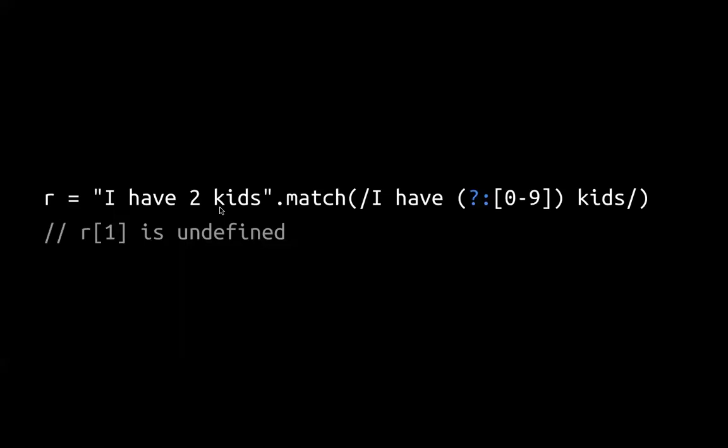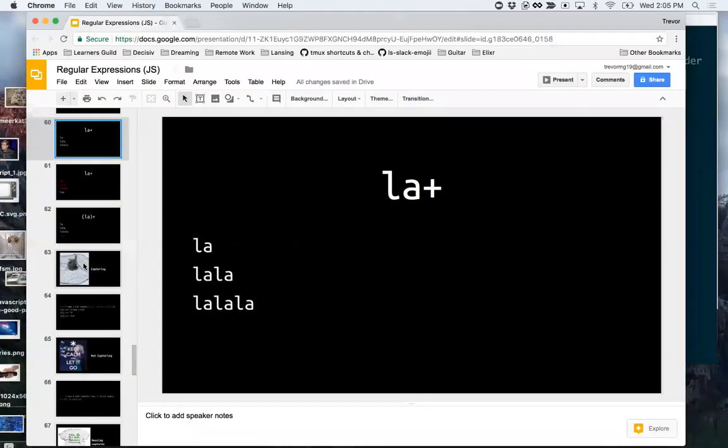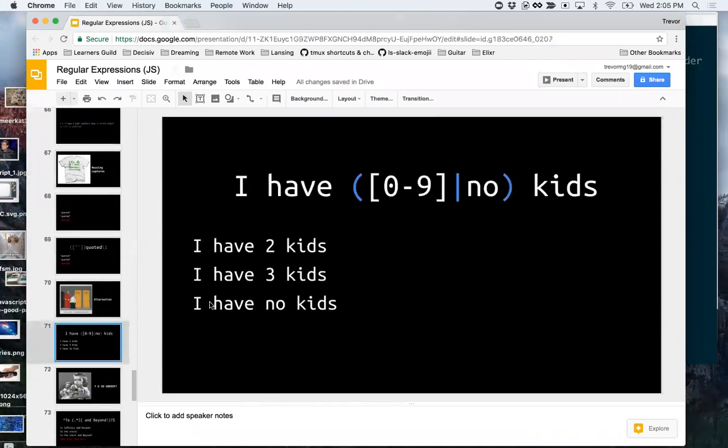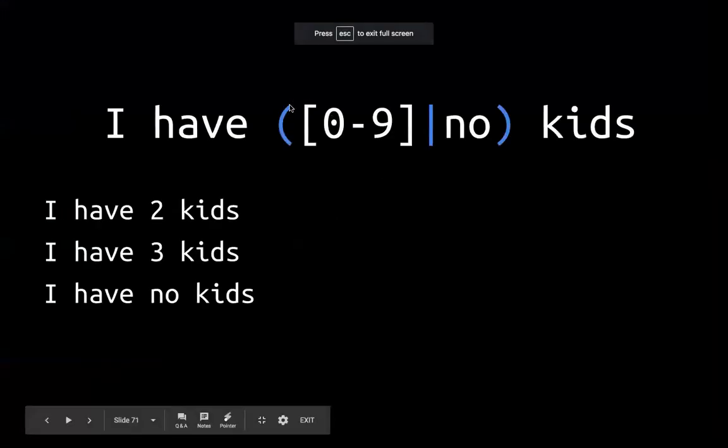And that would be useful in this other example that we saw, where was it? When we talked about alternation, right? In this example, we're using the regular expression here.